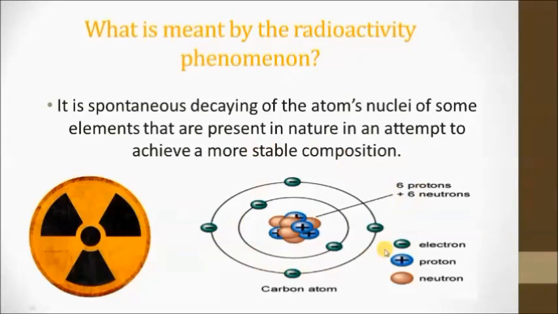So, each atom consists of a nucleus surrounded by electrons revolving around it in certain energy levels. And the mass of the atom is concentrated inside the nucleus. Why? Do you know? Because the nucleus contains positive charges of protons and neutral charges of neutrons. So, the mass is concentrated in the nucleus.